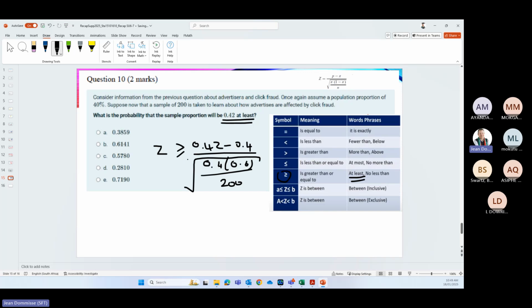The first thing I see is that 0.42 minus 0.4 is going to be a positive number, and I need to work out the bigger.